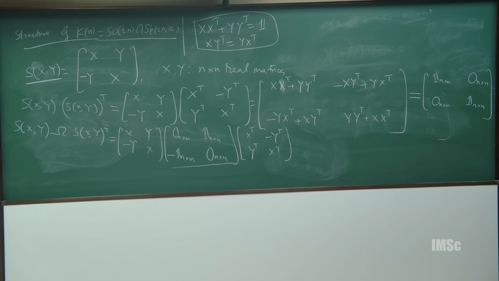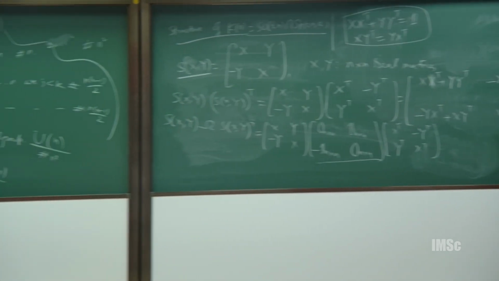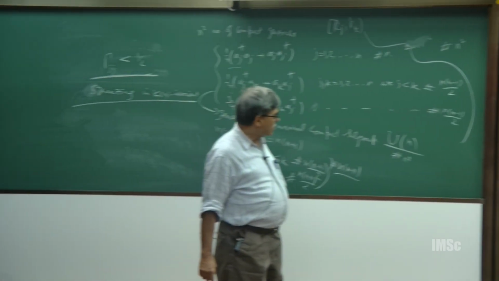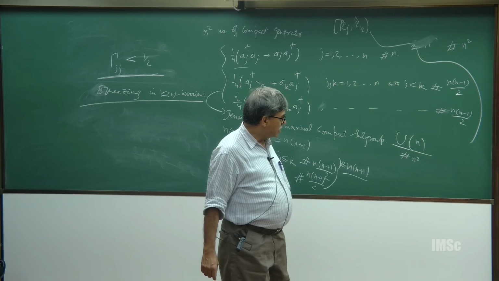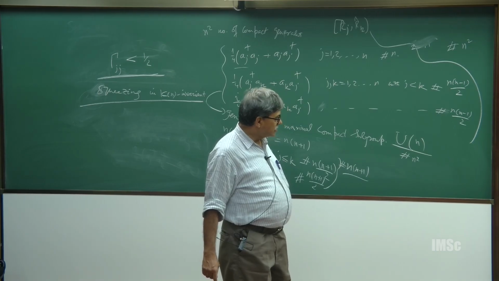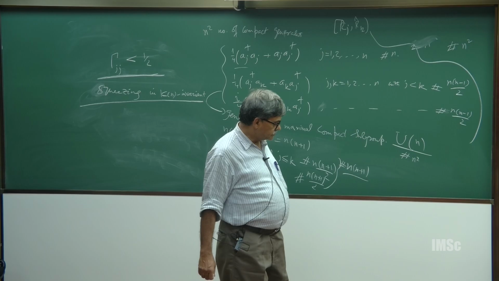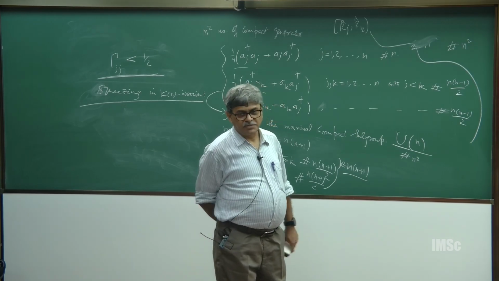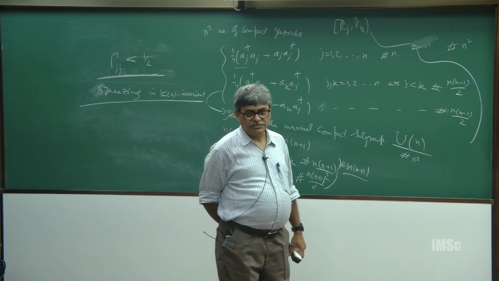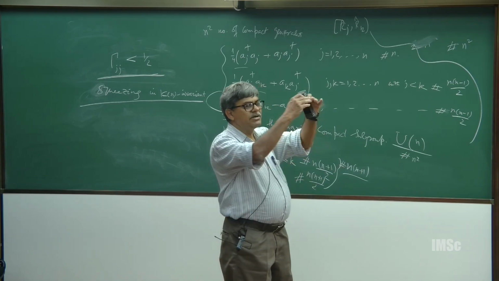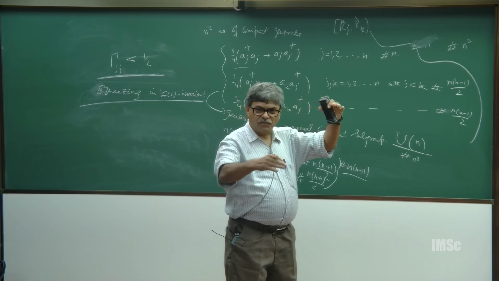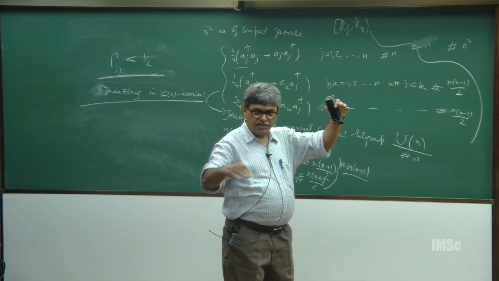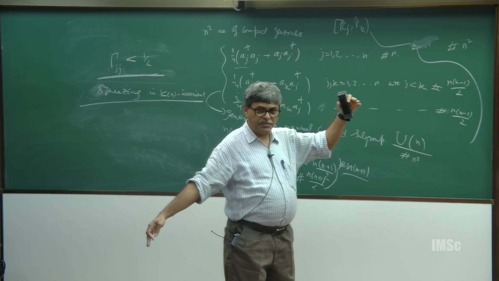Yes, the q's are together and the p's are together, and it is already in the changed form. Because I have written this first, x1, x2, xn, and then p1, p2, pn, right.